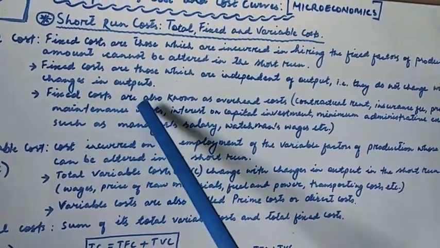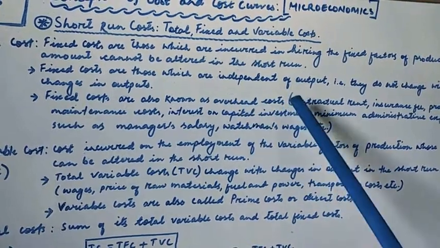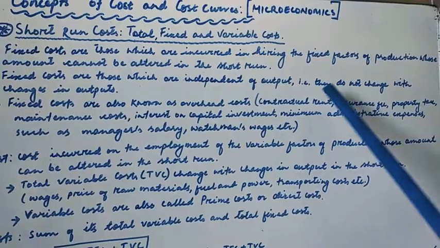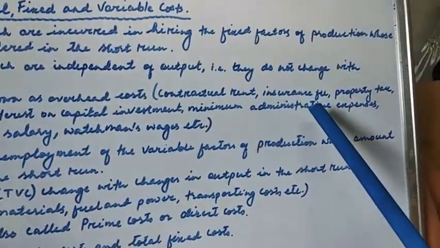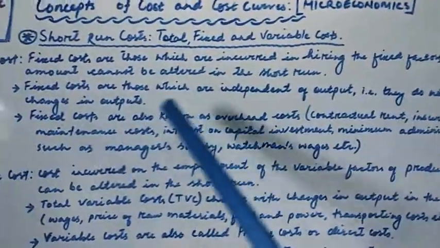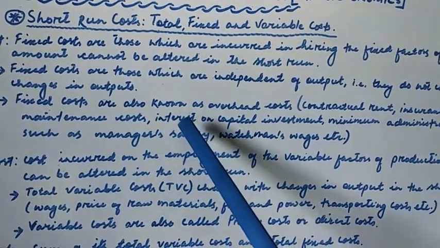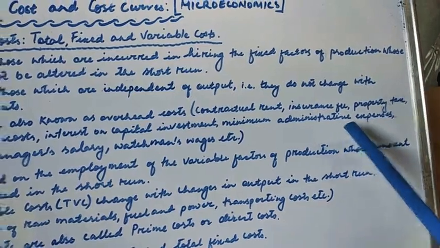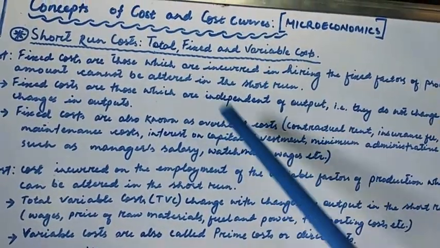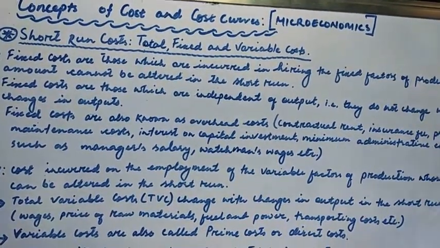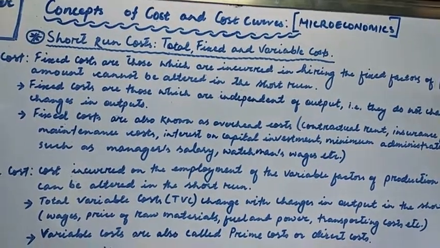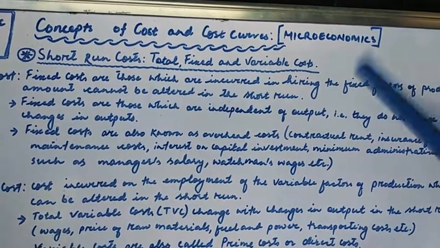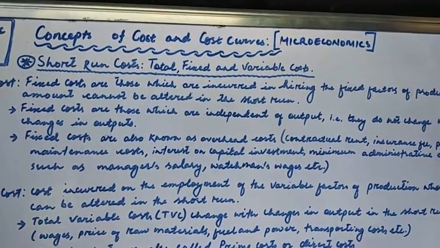Again, fixed costs are also known as overhead costs. Overhead costs include contractual rent, insurance fee, property tax, maintenance costs, interest on capital investment, and minimum administrative expenses such as salary to the managers and wages to the watchmen, etc. These are all fixed costs which remain constant with the change in output.